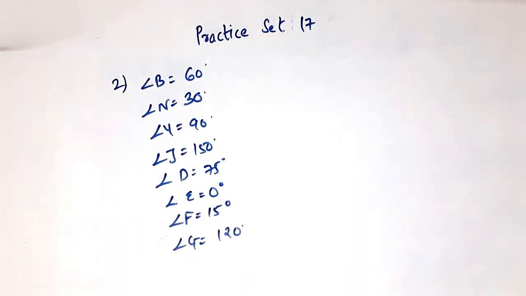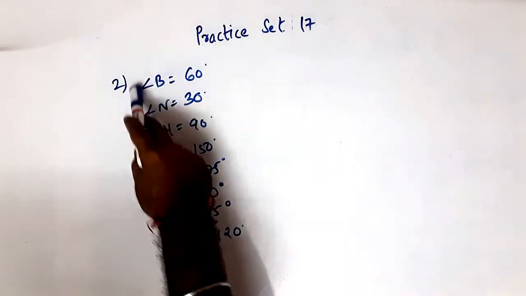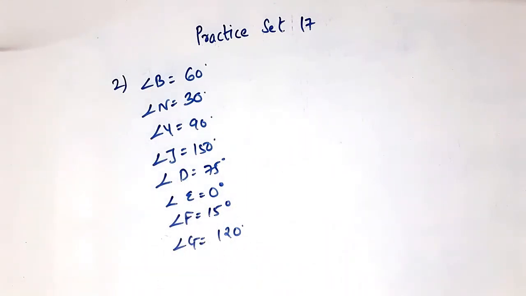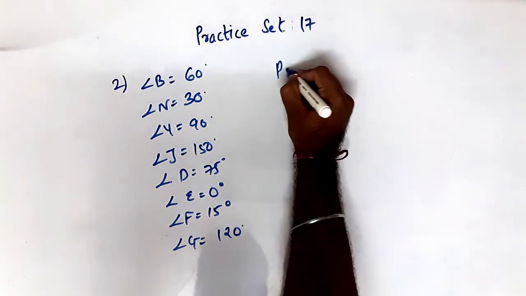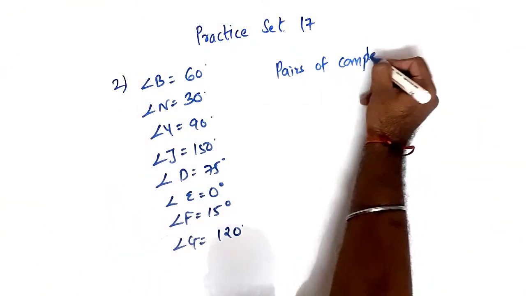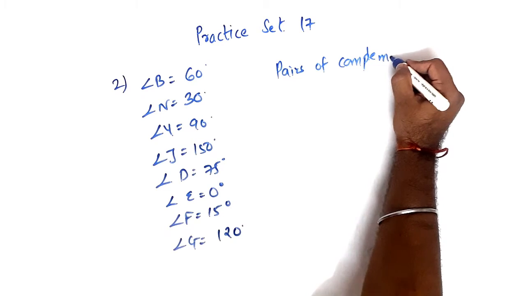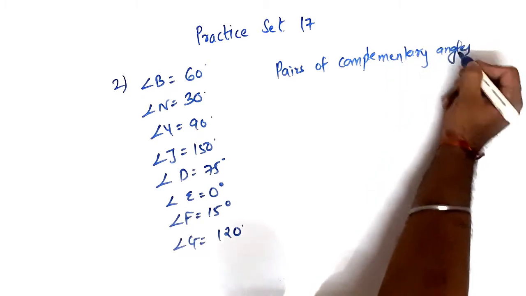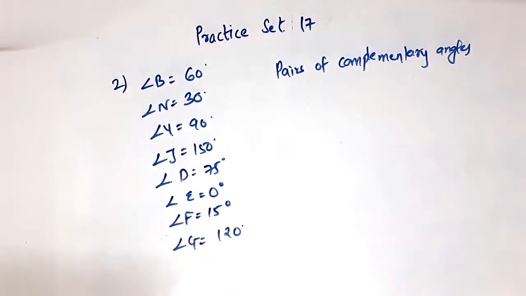Question number 2 says that the measures of the angles are given here, angle B and angle Y and so on. We have to pick such angles and make pairs of complementary angles and supplementary angles. I'll first take pairs of complementary angles. You know, a pair of complementary angles means total should be 90.